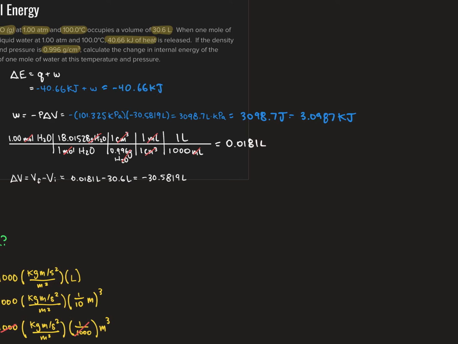The work done was work done on the system. That was a positive 3.0987 kilojoules. And when I add those two values together, I get a total change in internal energy of the system of negative 37.56 kilojoules. And there you go.